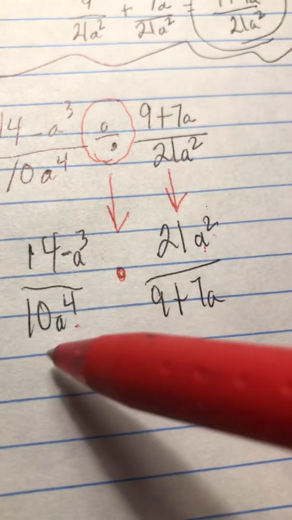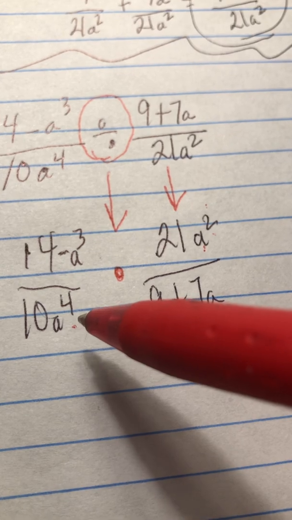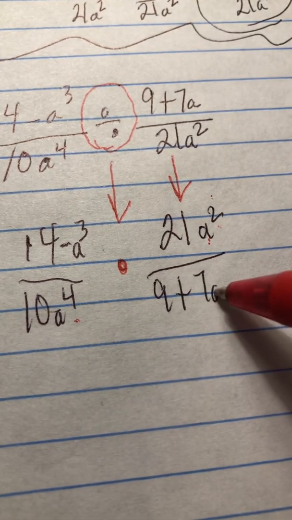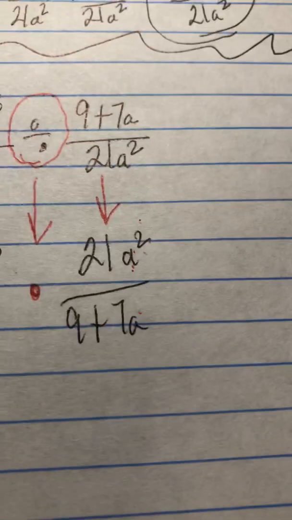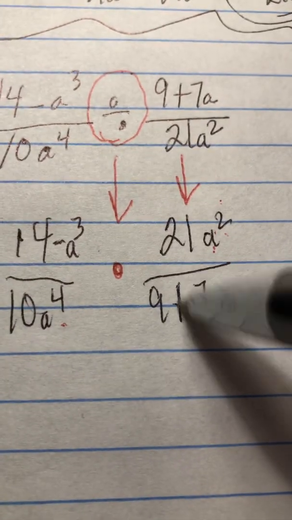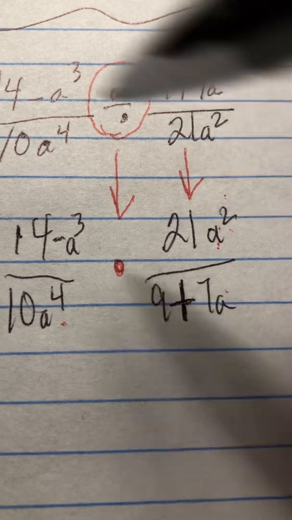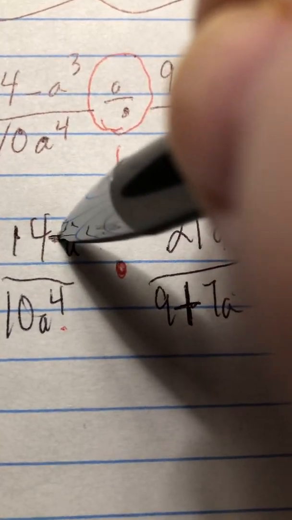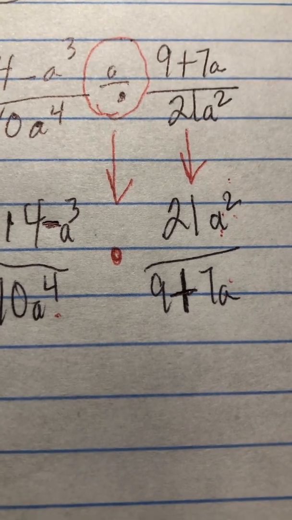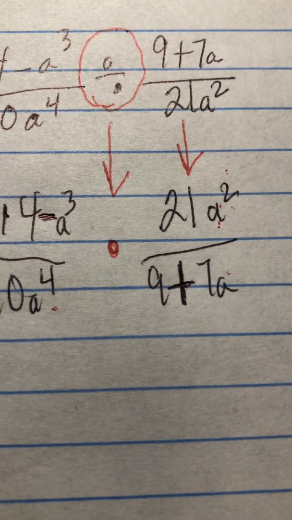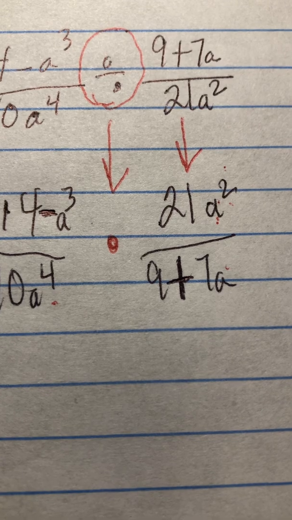These two have two a's in common, and I see that this has an a here, but the problem is that this part here has addition or subtraction going on. And when you have addition or subtraction going on, if you're going to eliminate something, you have to eliminate the whole addition or subtraction problem.